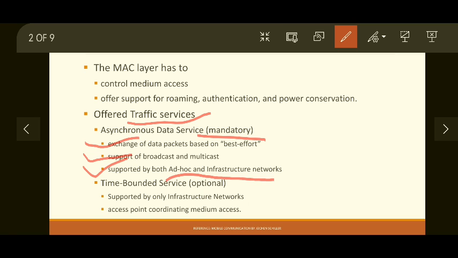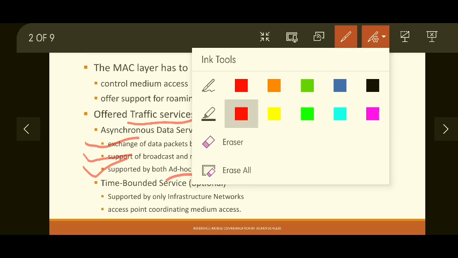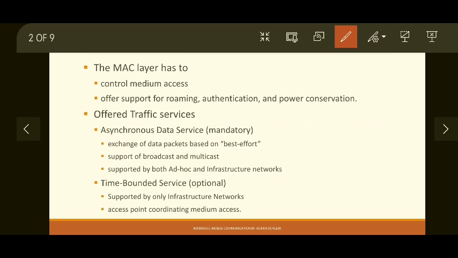Traffic services means how traffic, that is user data, will be serviced by an access point or by a medium. These are the properties of the first service.